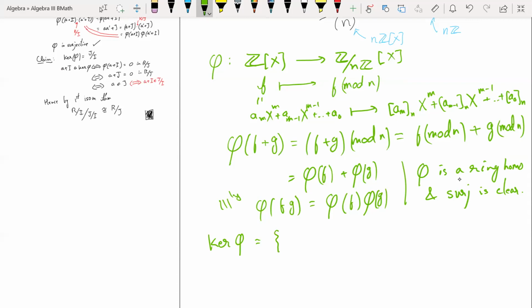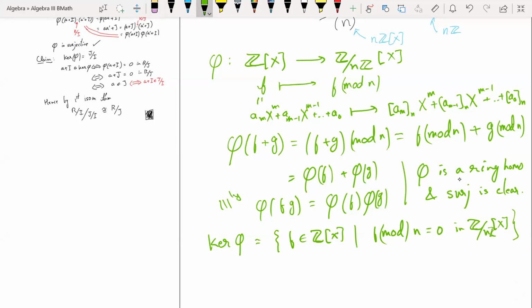So the kernel of phi is those polynomials f in Z[x] such that f mod n is the zero polynomial in Z mod nZ [x]. So we'll just explicitly calculate this. Since I'm not using class or bar notation, let's just say zero in this ring.